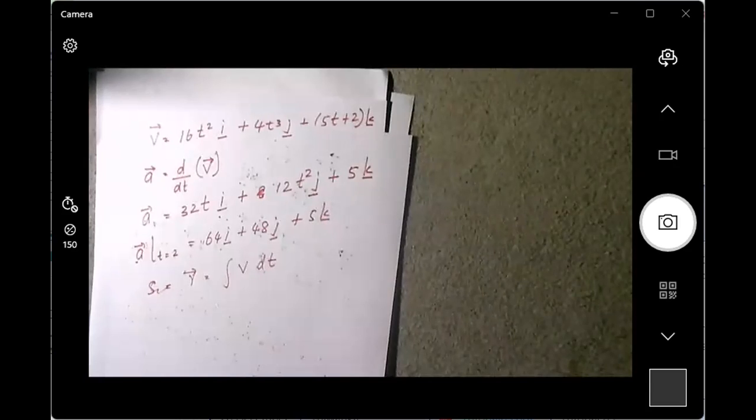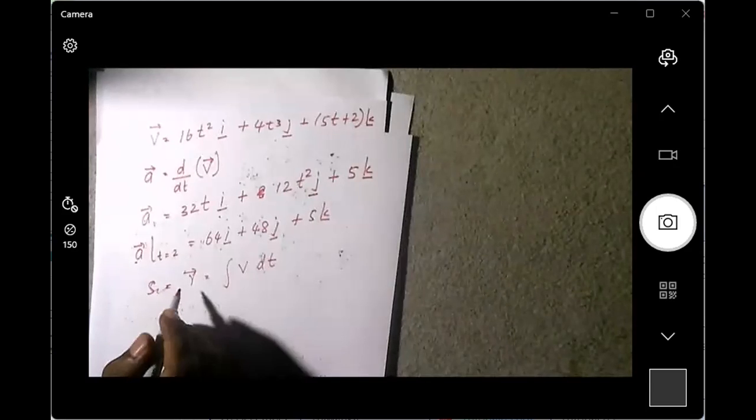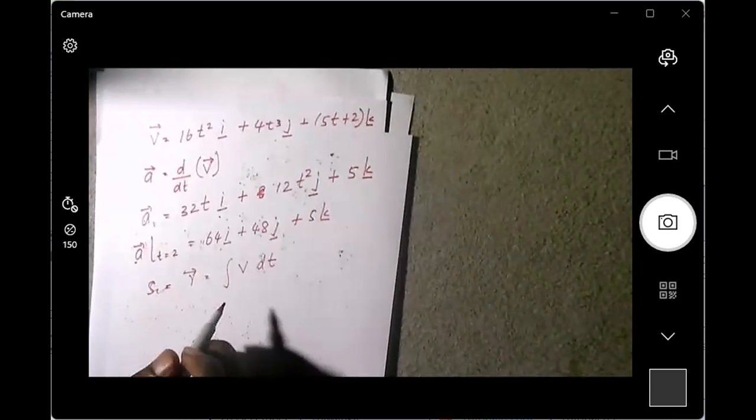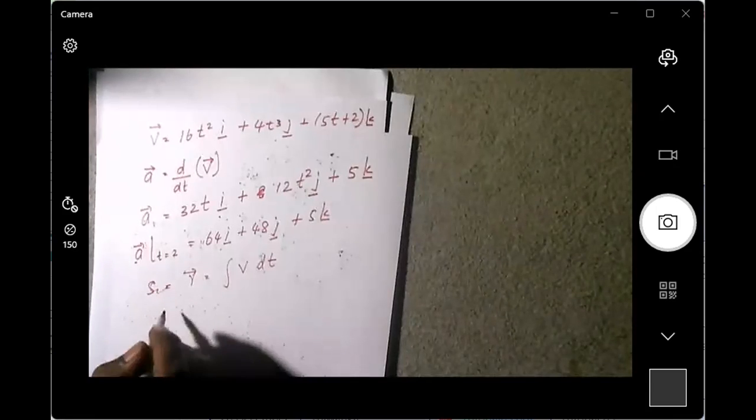So this is the integration, and here it has given that at start the particle is at origin. That means whatever the constant will be 0.